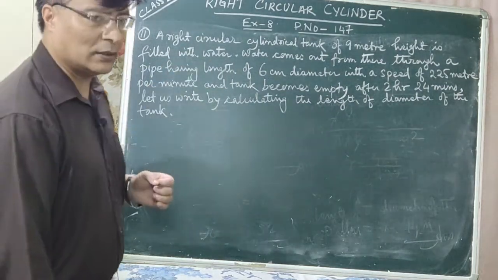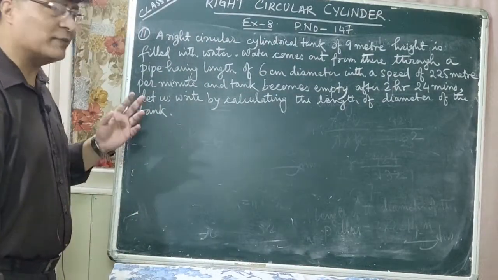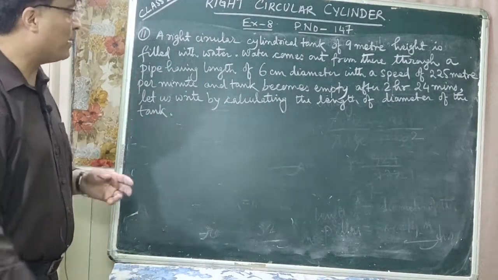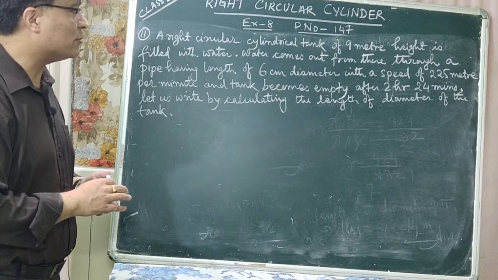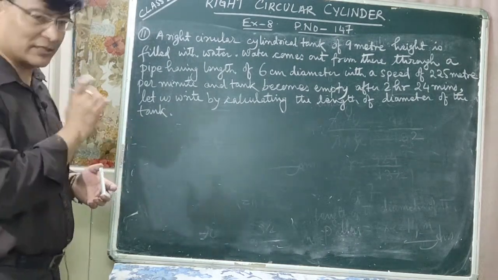So now here the question says that water comes out from there through a pipe having a length of 6 cm diameter with a speed of 225 meters per minute.